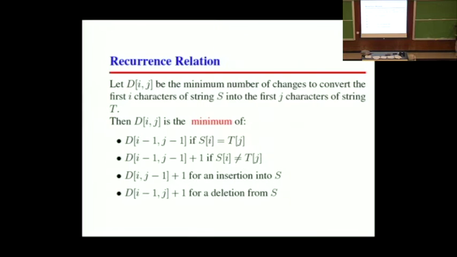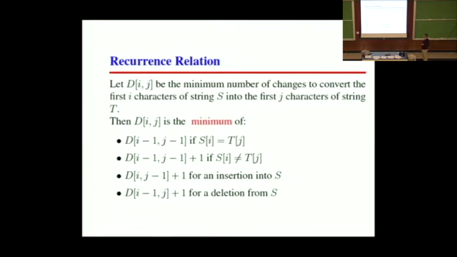Because the cost, if we match this, is going to be 0 plus the cost of matching that into that. Or, if it's an insert, 1 plus the cost of matching this into this. Or 1 plus the cost of matching this into this. So what is the recurrence relation? The cost of editing the first i characters of S into the first j characters of T is the minimum of d(i-1,j-1) if the characters are the same, because I don't pay for doing the match of the end of these things, right?